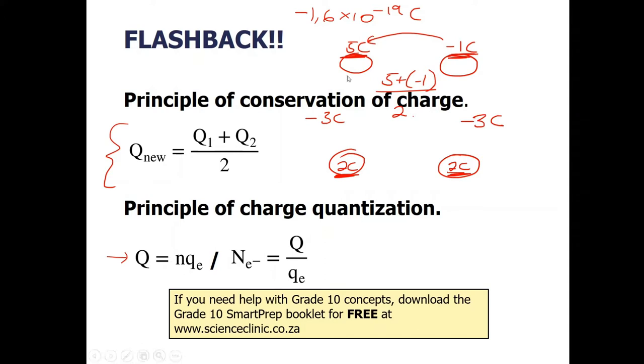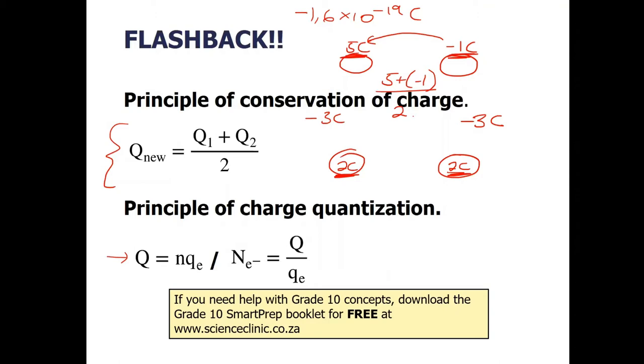So you look at the difference between 5 and 2, the difference is 3, and it's a negative 3. The difference between minus 1 and 2, the difference is 3, but it's a negative 3. Everybody okay with that? So that tells us how much charge has moved over. It is always negative charge because we can only ever move electrons.